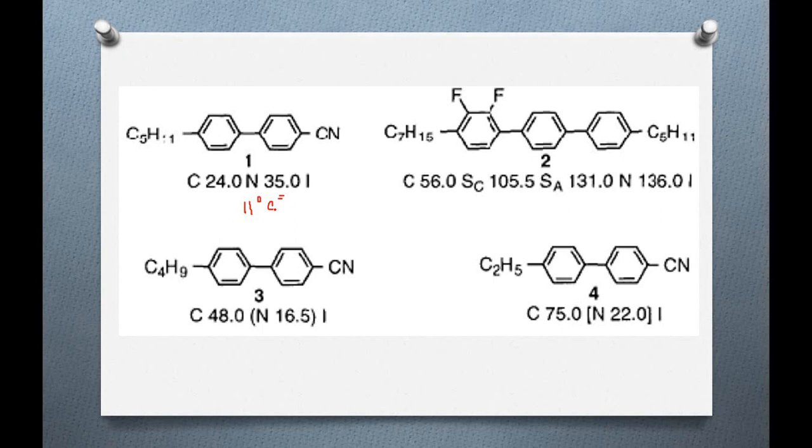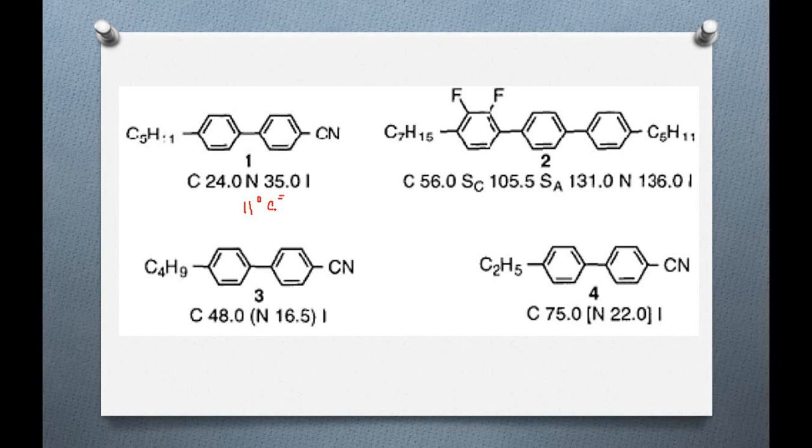Okay. So here you can see this kind of material where the nematic phase stability is higher than the melting point, and that is the common thing to think about, is called an enantiotropic material.